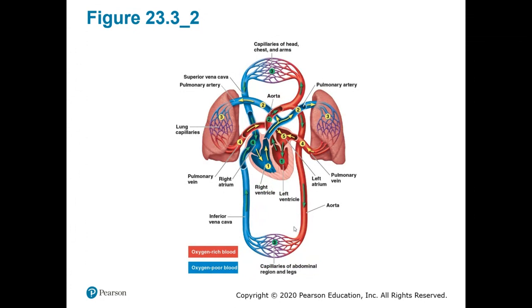Now, I want you to know this for your test because I'm going to ask you to trace the blood flow. So what you need to do is just start at one point, and it can be arbitrarily anywhere, but we'll start here with the right ventricle. So the right ventricle is going to take blood to the lung. That blood then is going to come back into the left atria.